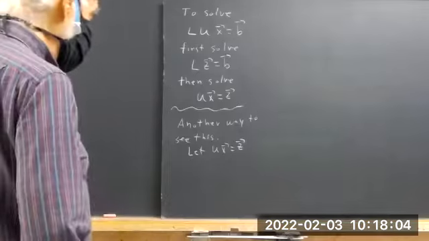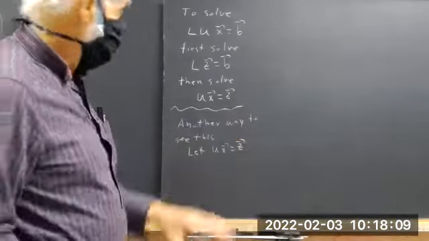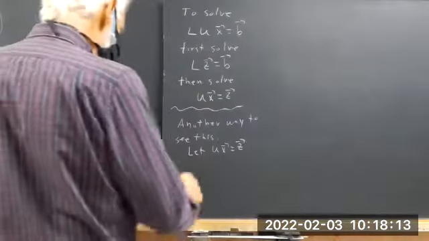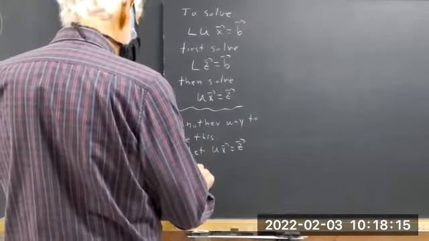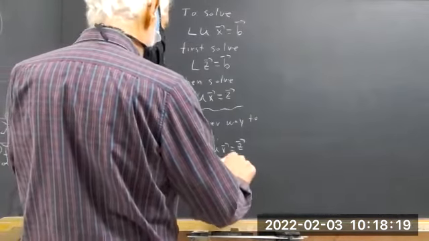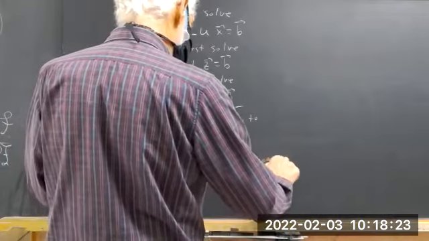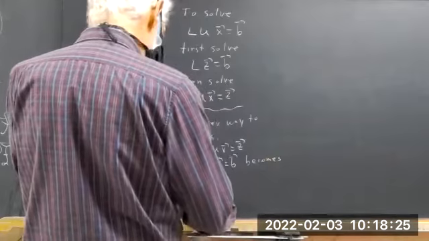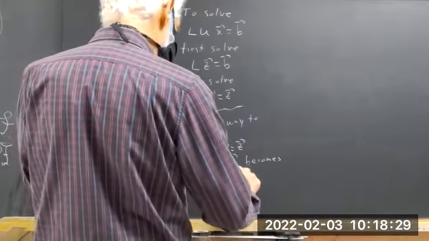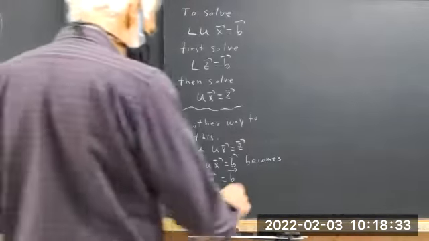It might not seem like there's much difference, but it's a little different in the way you see it and think about it. You can think about it either way. If you let Ux = z, then LUx = b becomes Lz = b. Okay? Easy to solve.